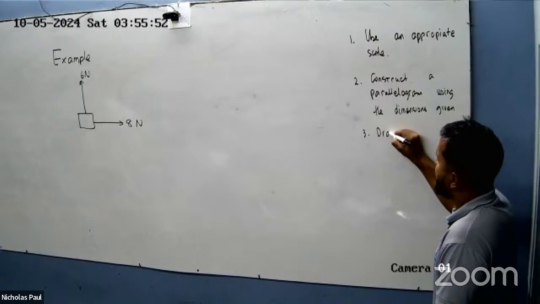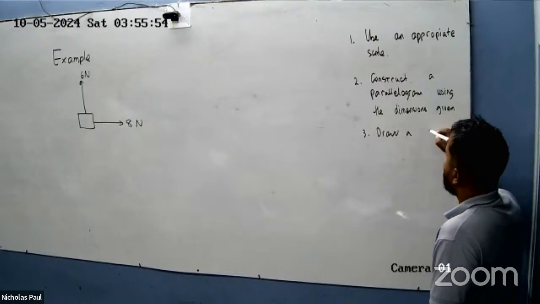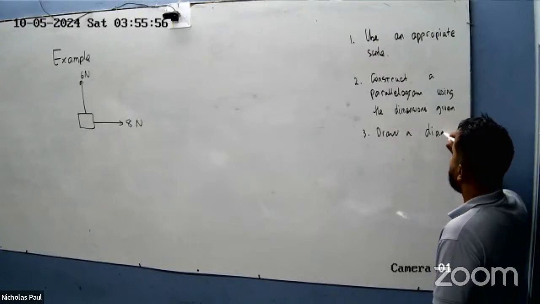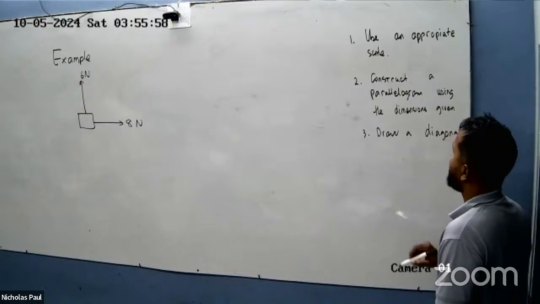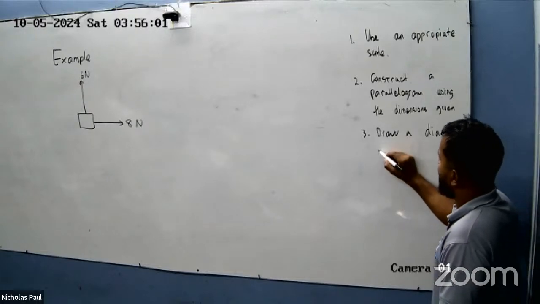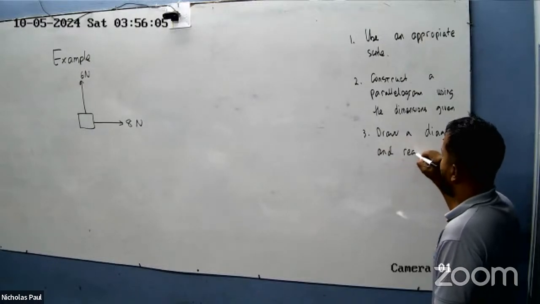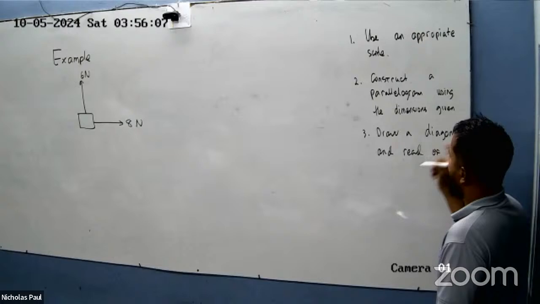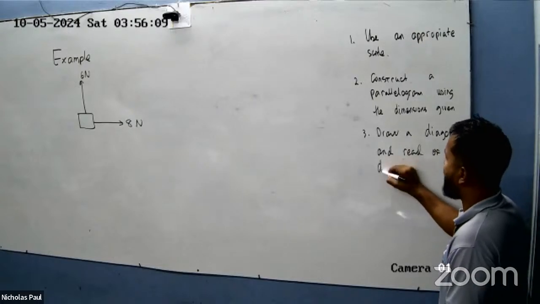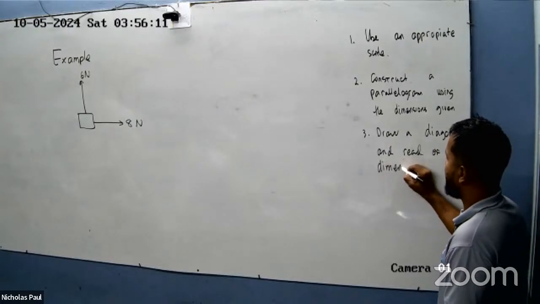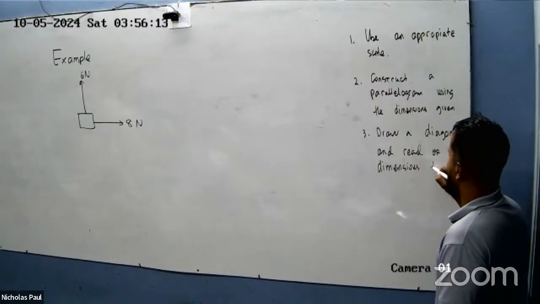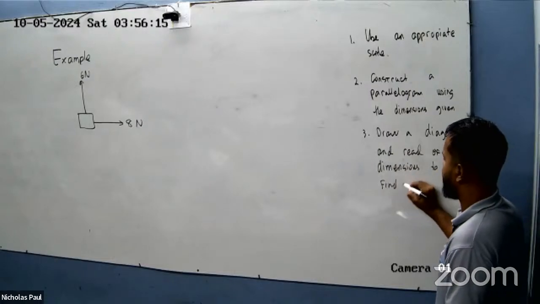Then you're going to draw a diagonal and read off the dimensions to find the resultant force.